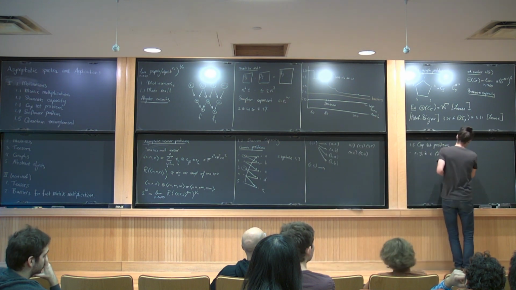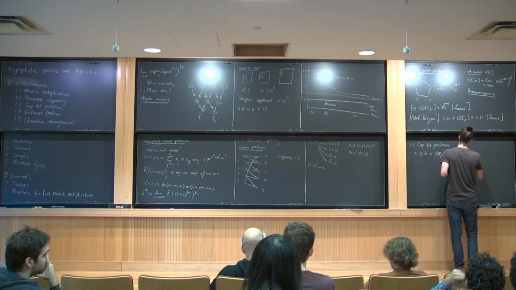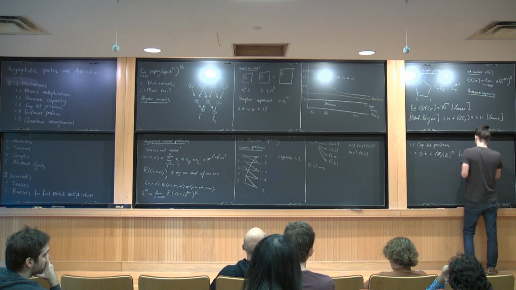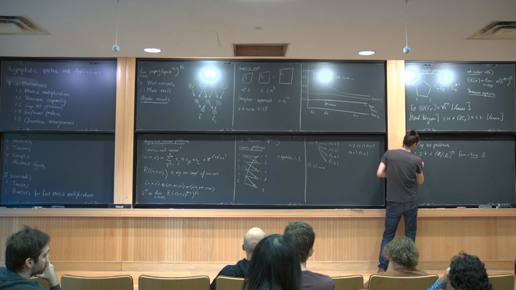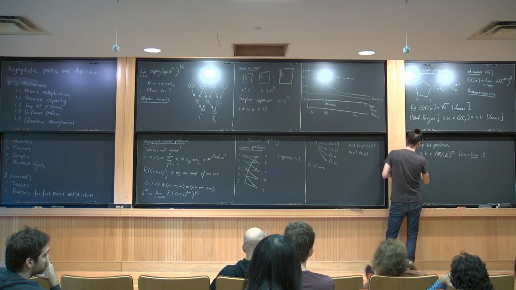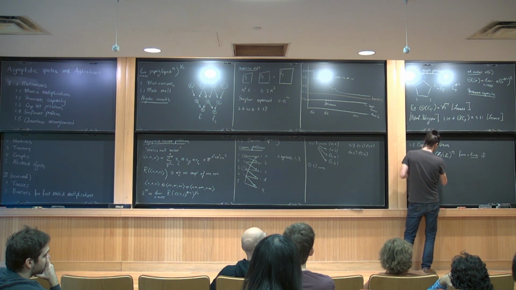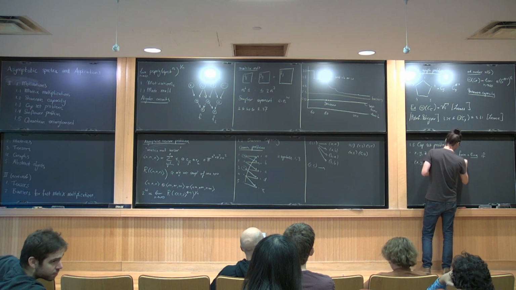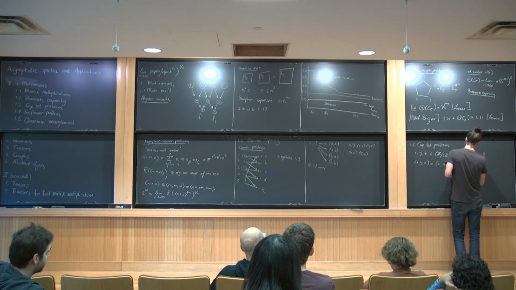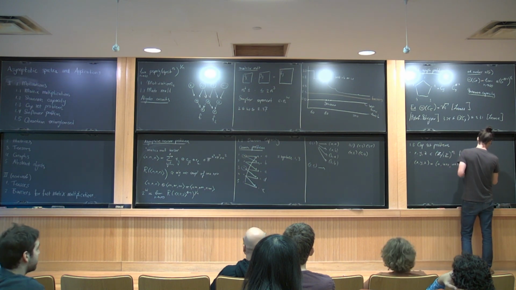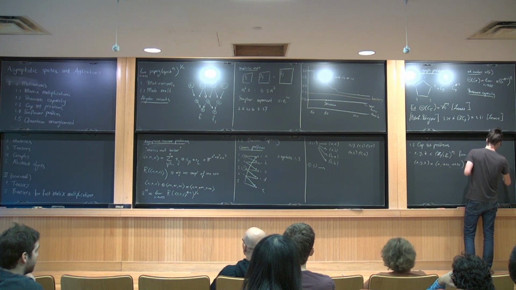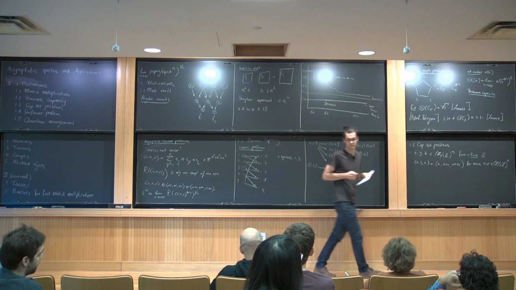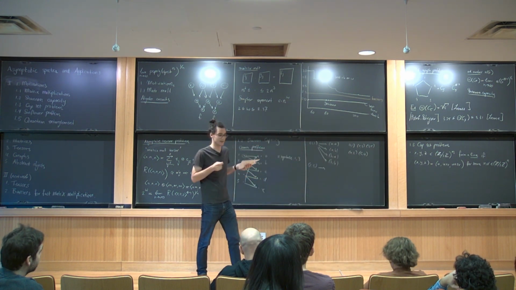We say that these elements form a line if we can write the triple x, y, z as a triple u, u plus v, u plus 2v for some u and v in Z_3^n. Yeah, so it's just saying that x, y, z lie on a line.